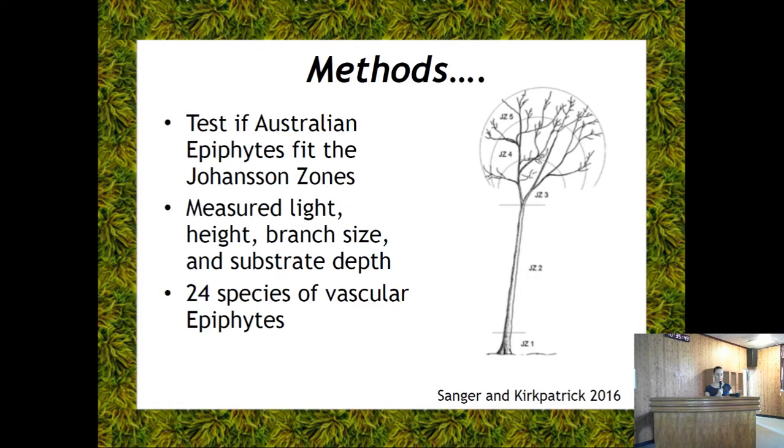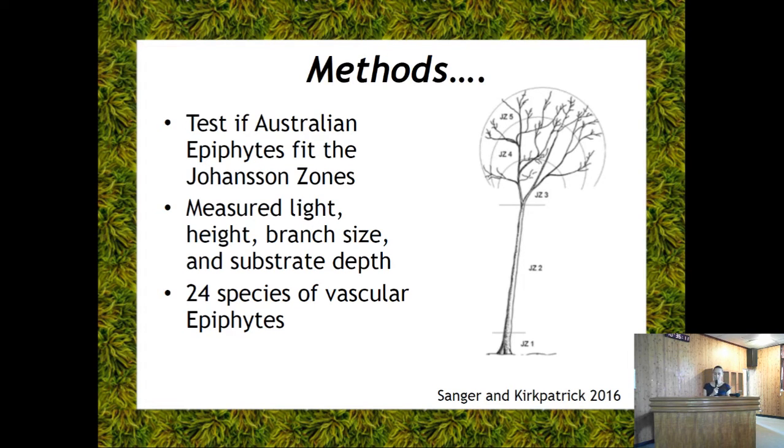Here I found 52 species of vascular epiphytes, but I only used 24 species in this study because I needed to have replication of each species. I needed to find at least 10 individuals of each species in order to use it in this analysis.